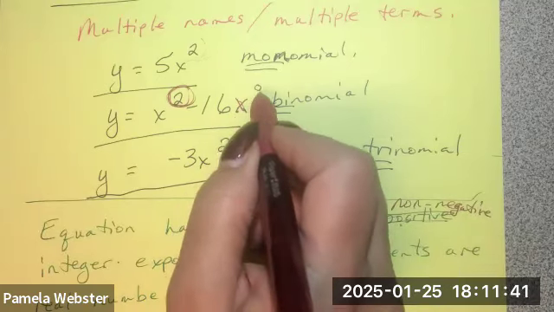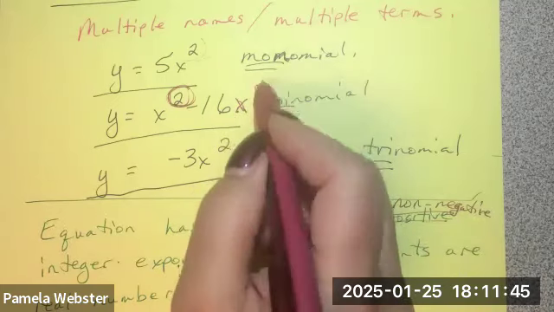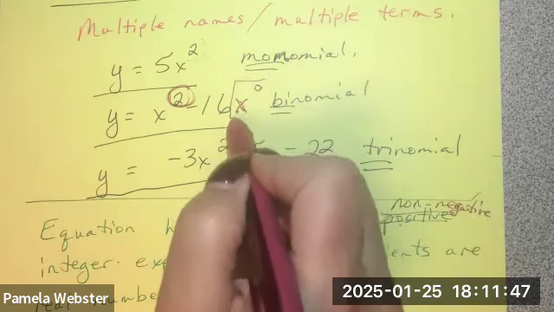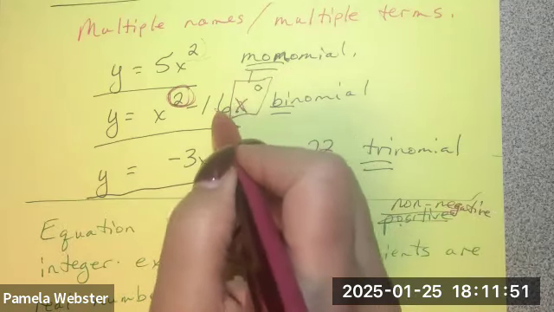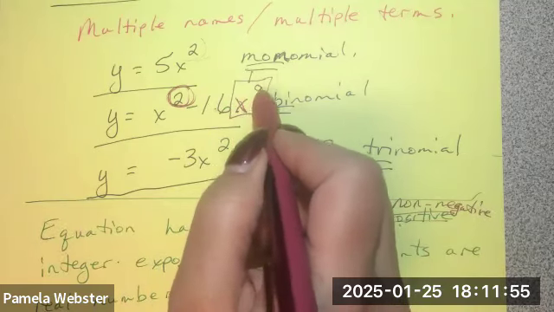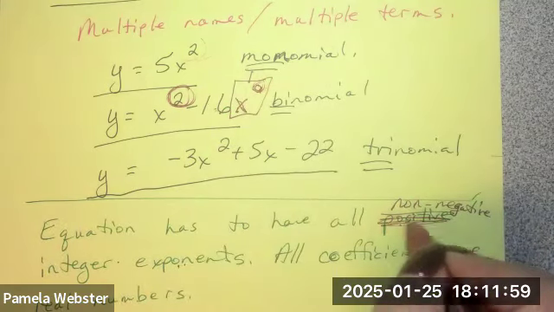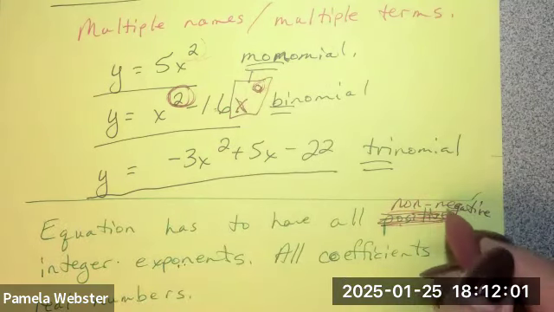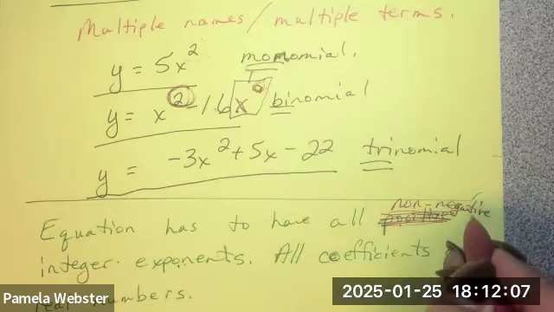Hopefully you've seen it. But if you haven't, x to the 0 is a 1. In fact, anything to a 0 is a 1. So 16 times 1 doesn't change the value here. But we're going to say x to the 0, and 0 is not negative. That's why I changed that, because he's out there. We don't really think of him very often, but he's not a positive integer. He is a non-negative integer.